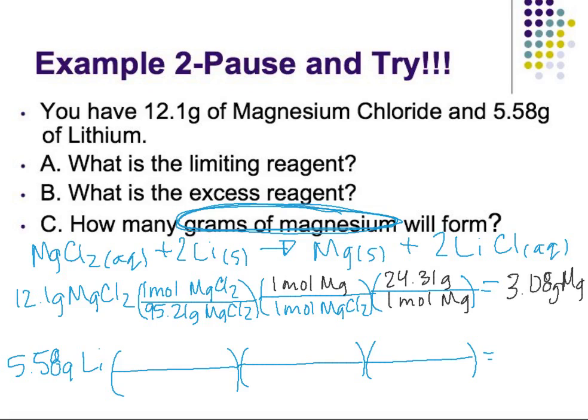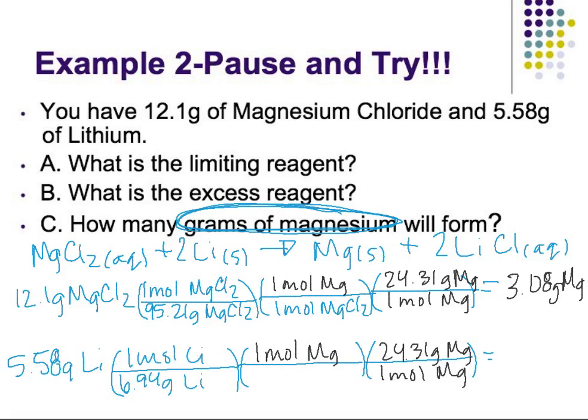Second problem. We're going to have the same second half. We know how this goes now. 1 mole of Mg, 24.31 grams of Mg. Oh my gosh, I didn't label something. And 1 mole of Mg. First half of the problem, 6.94 grams from the periodic table in 1 mole.